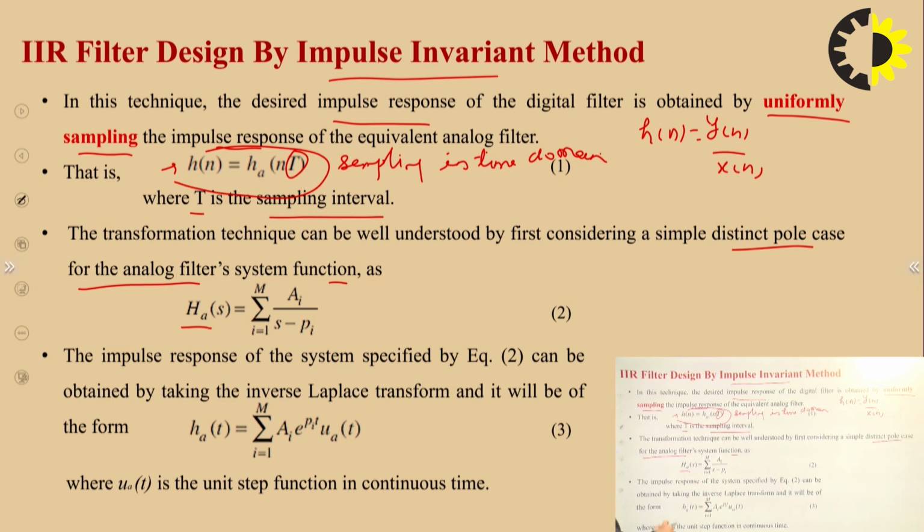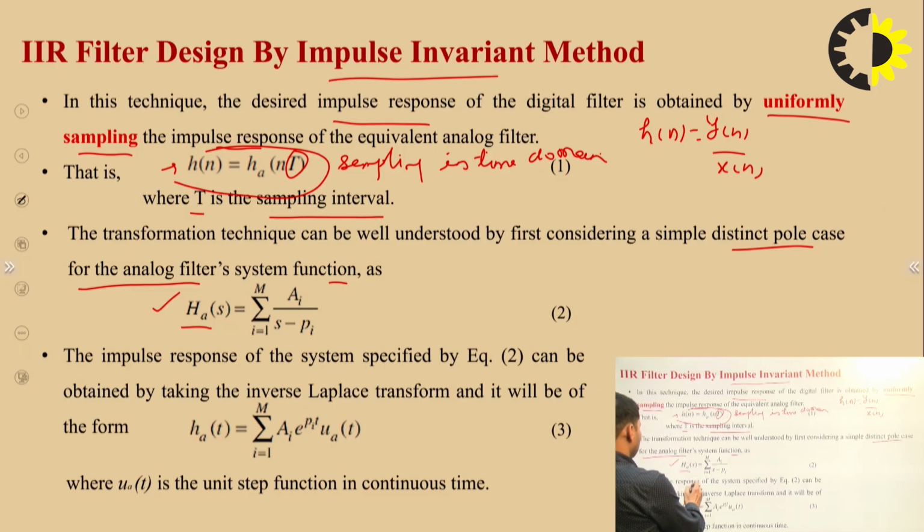We are considering a distinct pole case where the pole is located at position p i. When we equate the denominator s minus p i equals 0, the value of s becomes p i, which is the pole of the corresponding transfer function of the analog filter.